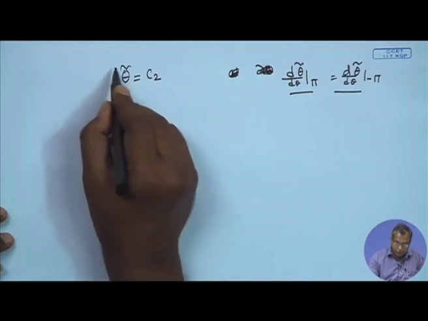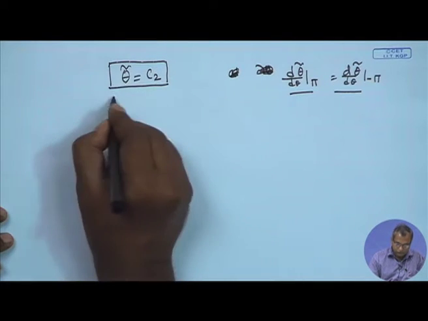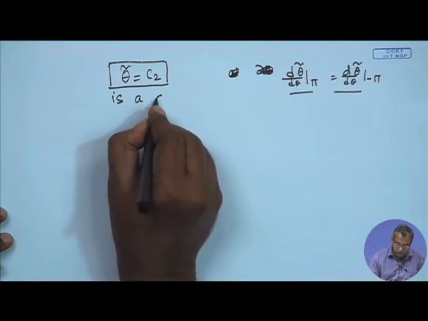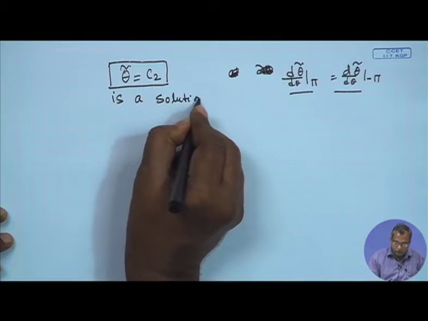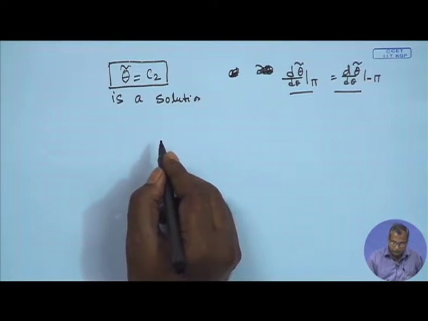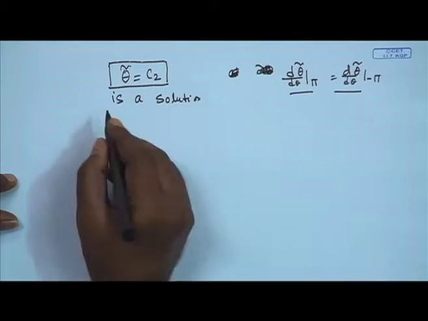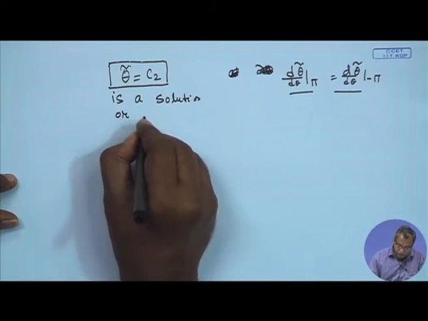So, that will always be satisfied by this boundary condition. Therefore, theta hat equal to a constant is a solution. It is not a trivial solution, it is a solution. That means the constant mu equal to 0 will not give rise to a trivial solution, it will be giving a solution, and the eigenfunction is nothing but a constant. So, mu equal to 0 is an eigenvalue to this problem, and the corresponding eigenfunction is a constant.